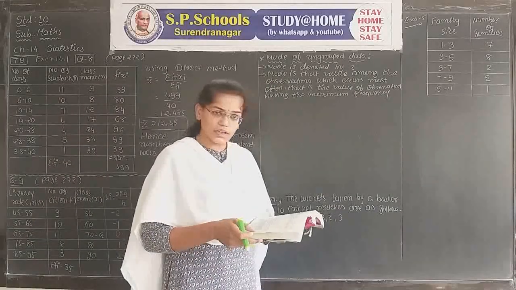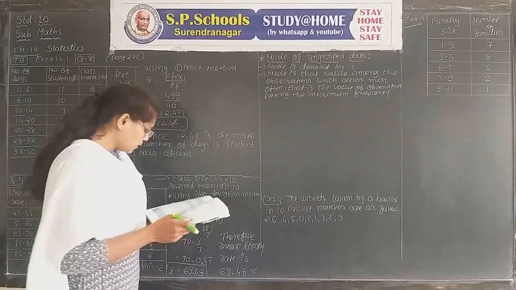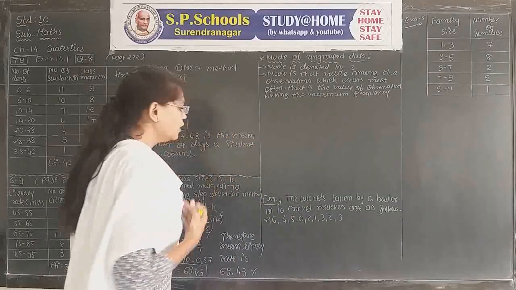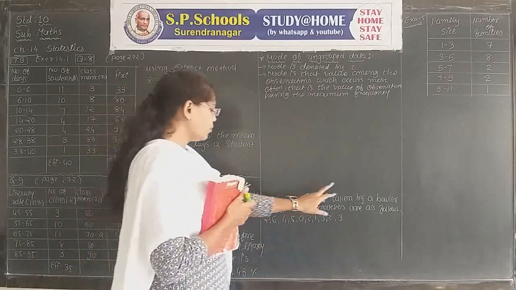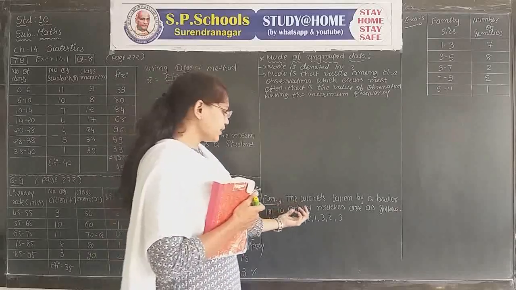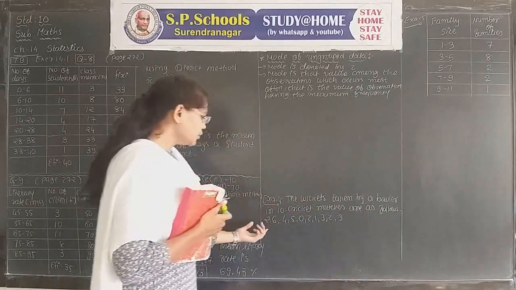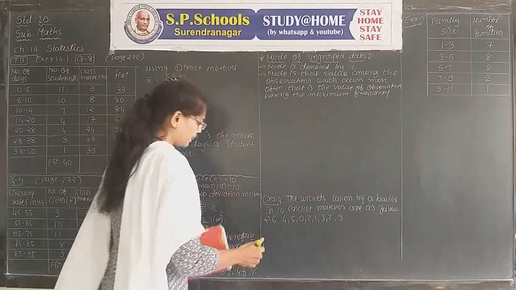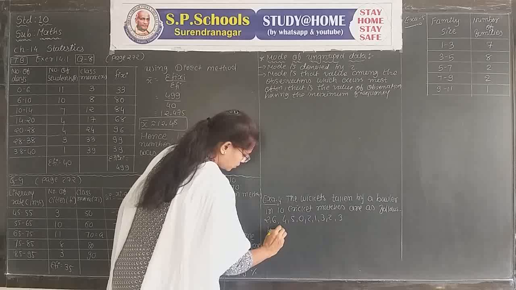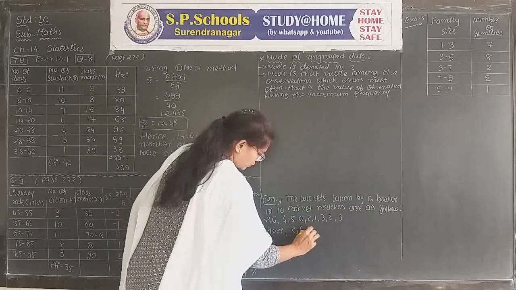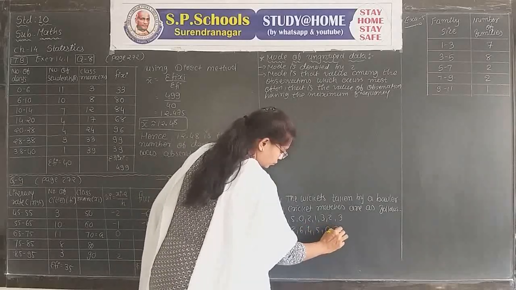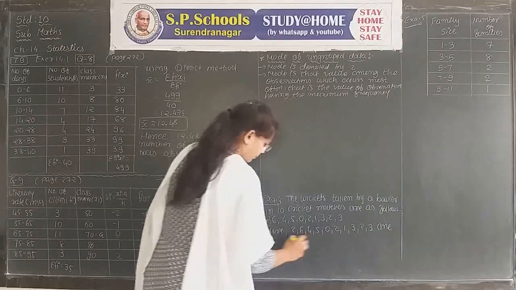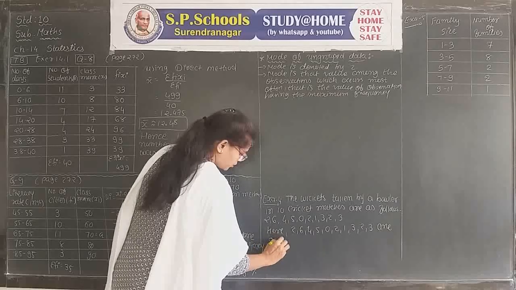Example number 4 is regarding the mode of ungrouped data. Example number 4 says that the wickets taken by a bowler in 10 cricket matches are as follows: 2, 6, 4, 5, 0, 2, 1, 3, 2 and 3. These are the given observations.